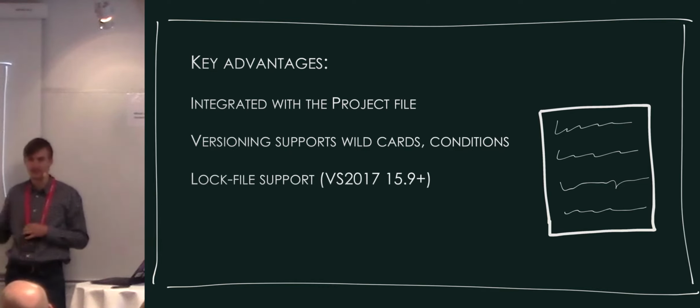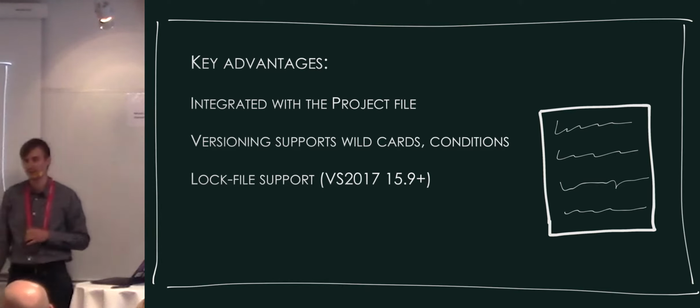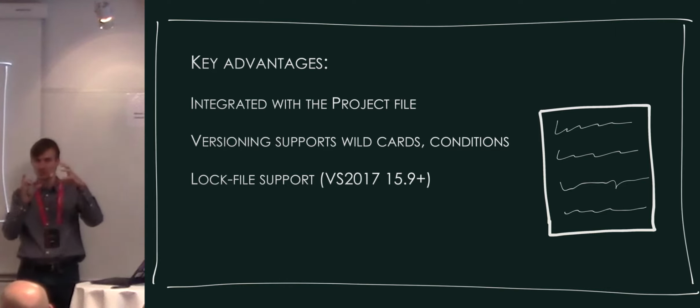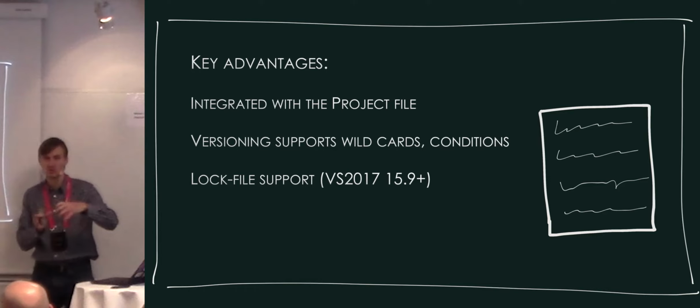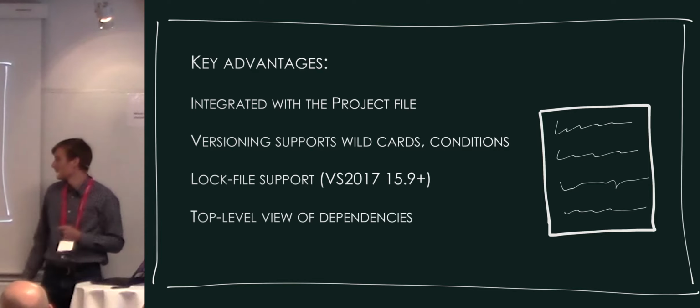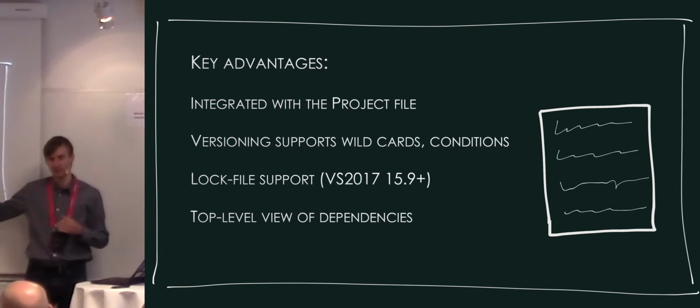Just recently they added support for lock files. The generation of lock files is supported in one of the latest Visual Studios, and it's pretty much like any other lock file, like in NPM. It gives you a snapshot of dependencies, and you can be sure that this is what the project was built with. And finally, interestingly, it gives you a top-level view of dependencies.